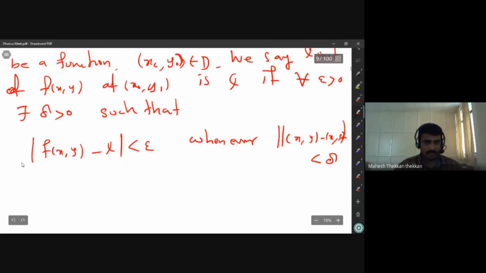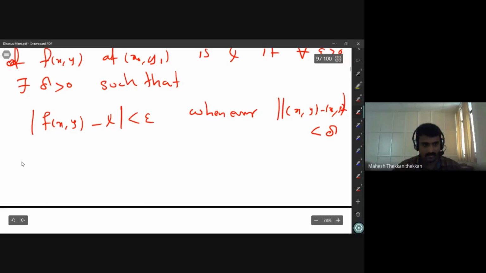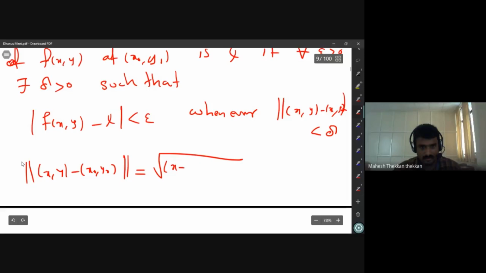So what is this norm? The norm is our usual Euclidean distance, square root of (x minus x naught) square plus (y minus y naught) square.